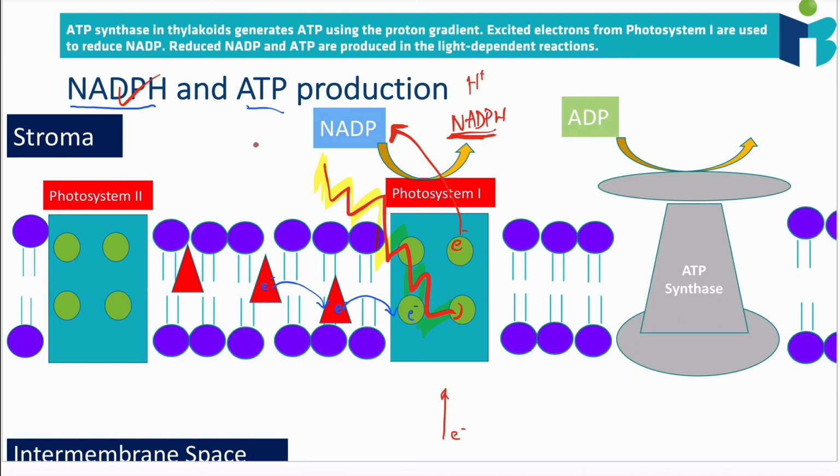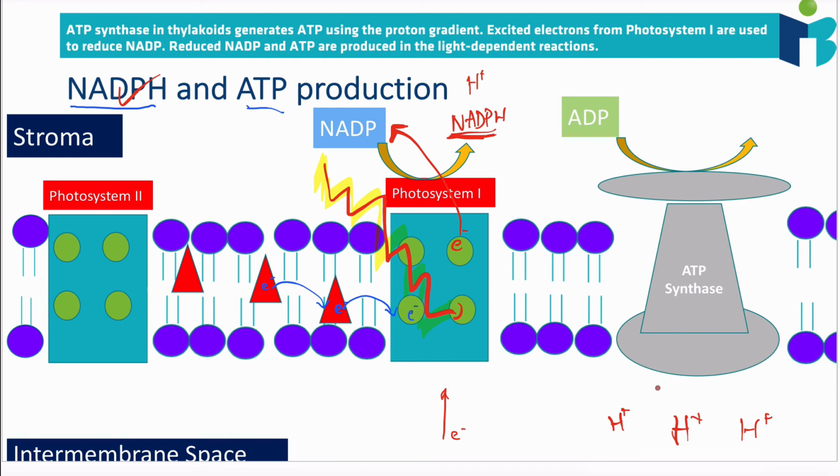Now we've already discussed a really effective way to make ATP in cell respiration, and that process was called chemiosmosis. Now we are going to do the same thing in the light-dependent reactions. Here we are going to use that proton gradient that we generated from the pumping of the protons from the stroma into the thylakoid space.